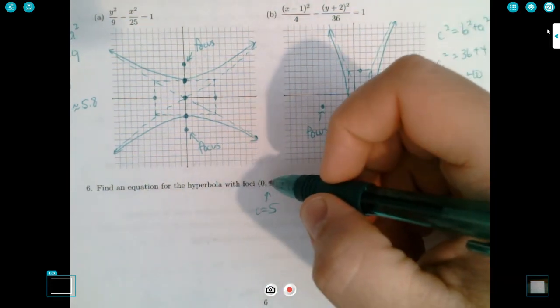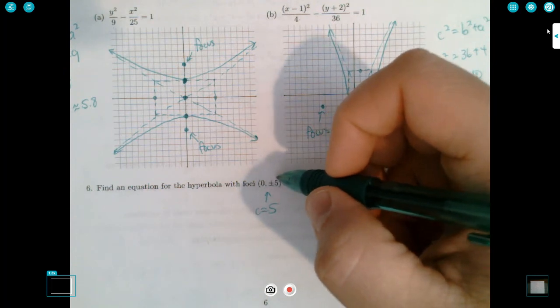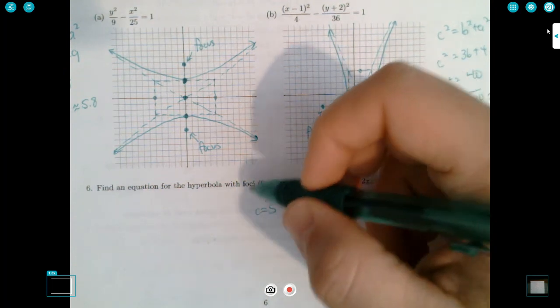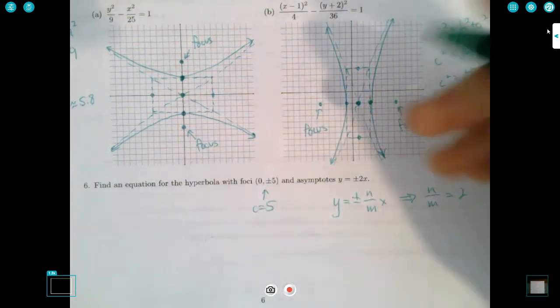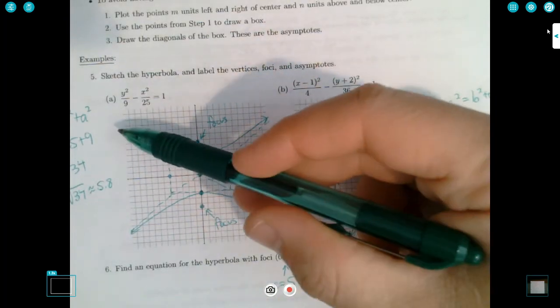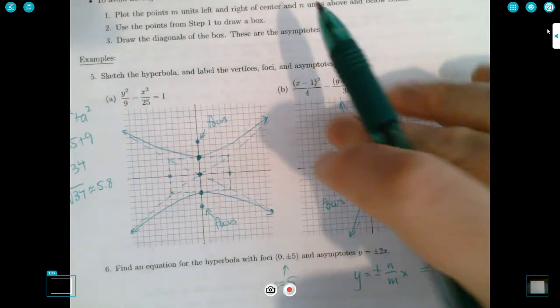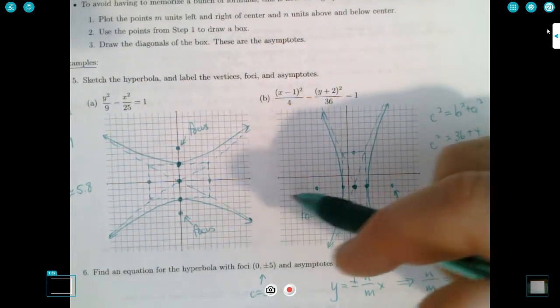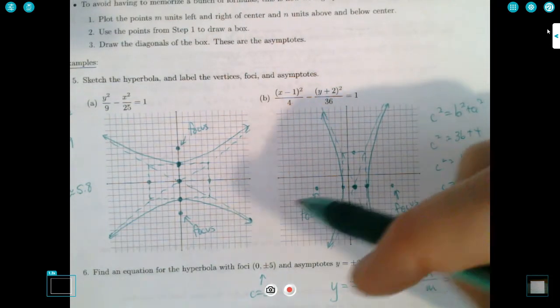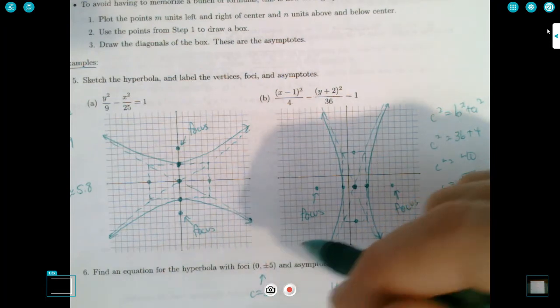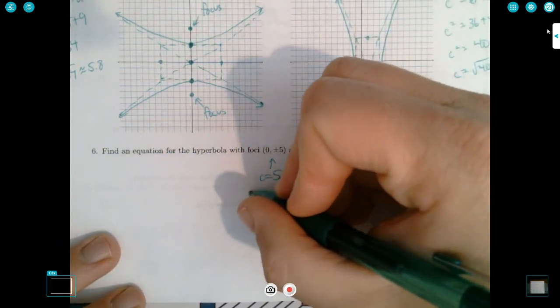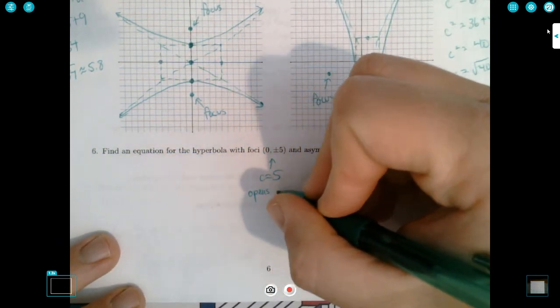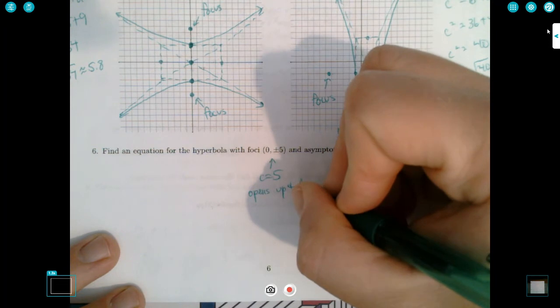But I also know, since the foci are along the vertical axis, that I've got a situation like this where this opens up and down. Not like this where it opens left and right, because then the foci would have to be plus or minus 5, 0, right? Opens up and down.